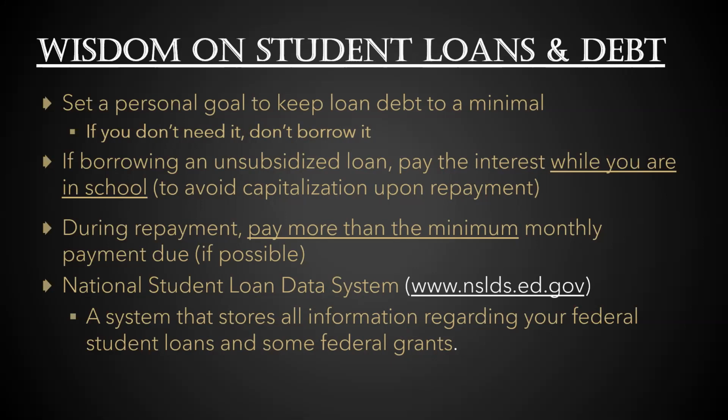So if you borrowed $30,000 and you had $5,000 in interest that accrued, that $5,000 will be added to the 30. So now it appears that your principal is $35,000 and interest will start to accrue and be calculated off of $35,000. That's called capitalization, and now you're paying interest on top of interest.